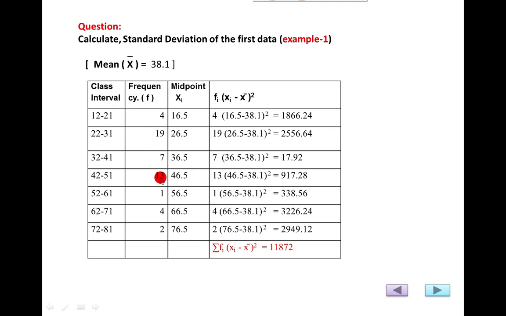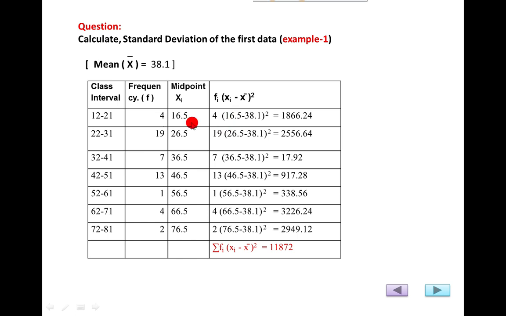We will draw the columns according to the requirement due to the shortage of space. This is the class interval of the first data. This is the frequency. We will use the frequency in this and the midpoint in the standard deviation, because you know that we require this term, fi into xi minus x bar whole square. Xi is the midpoint, x bar is the mean 38.1, fixed for all values, then take the square, then multiply by the corresponding frequency.